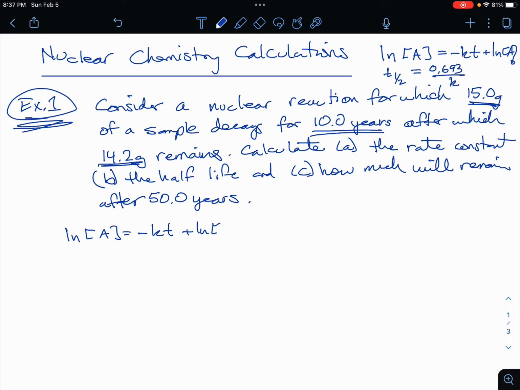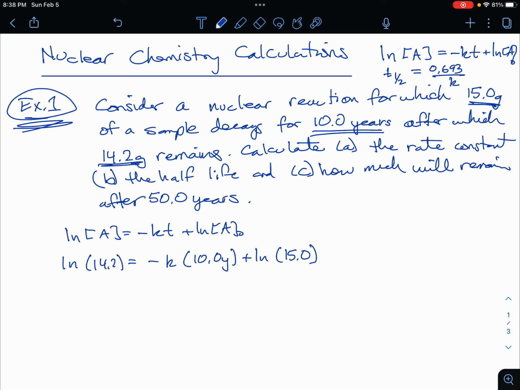So here we're going to plug in ln of 14.2 grams equals negative k, since we're solving for k, times the time it takes for this to happen, 10 years, plus ln of 15 grams, which is the original.